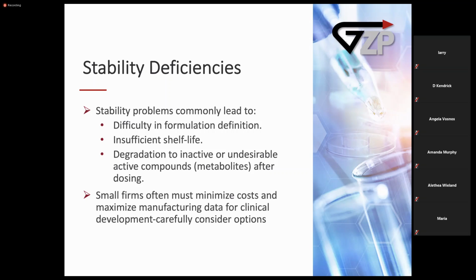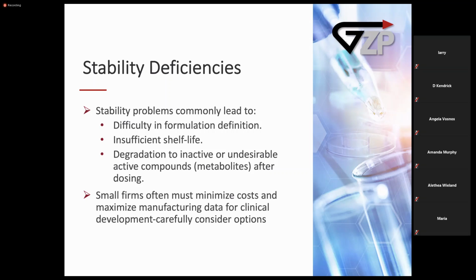You should continue your stability for a product where you have a reasonable feel that your formulation is going to remain the same, shall we say, for the next clinical trial. But you really need to consider how long your manufacturing run needs to be, including your stability, before you can actually use it.